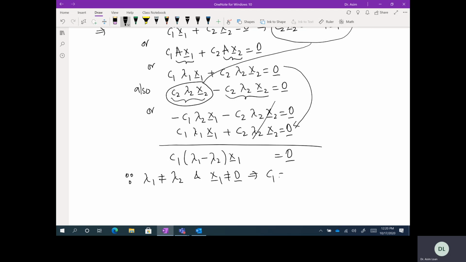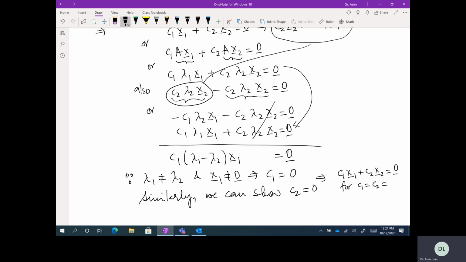This implies c1 equals 0. Similarly, we can show c2 is equal to 0. This implies c1x1 plus c2x2 equals 0 only for c1 equals c2 equals 0, which is the trivial solution, and we know from chapter 2.